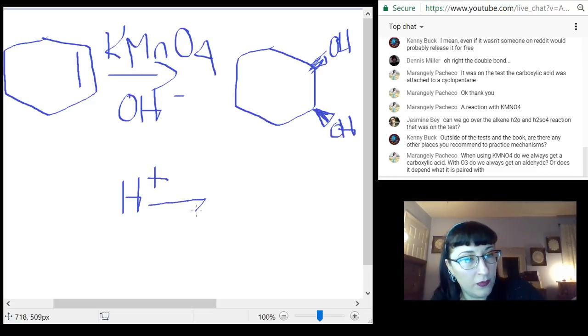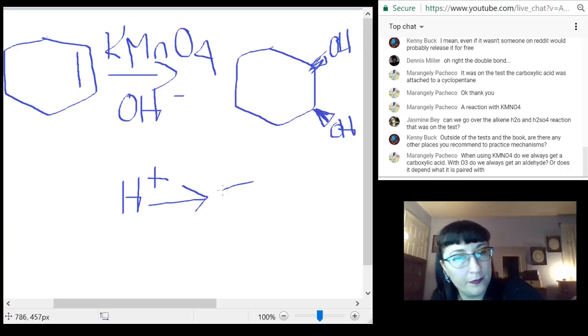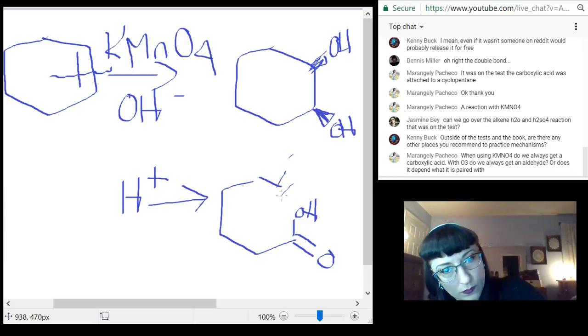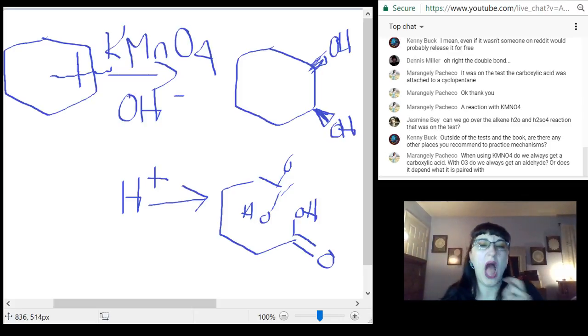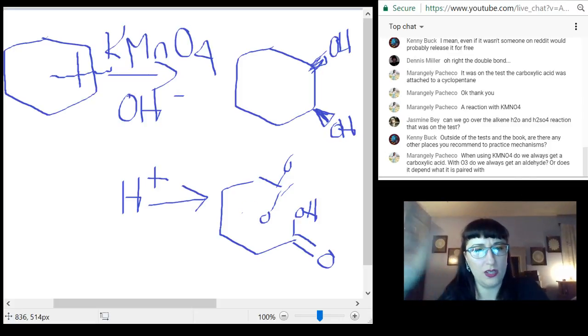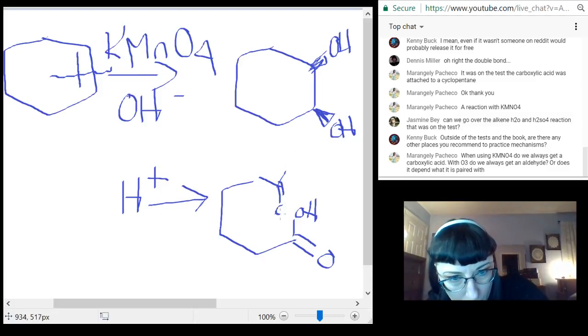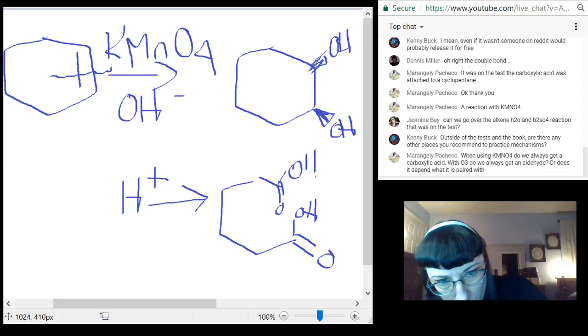If I did the same thing under acidic conditions, instead you'd basically be cleaving the bond right there, and you'd get a diacid. It's really ugly. Let me see if I can make that a little bit better. There we go.